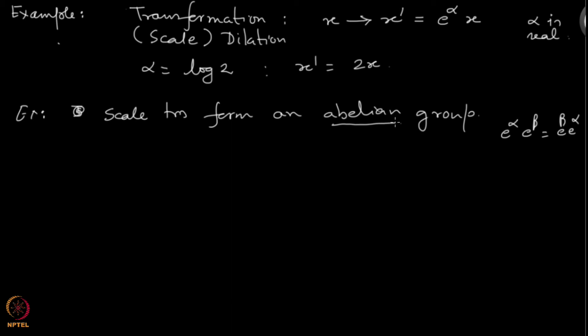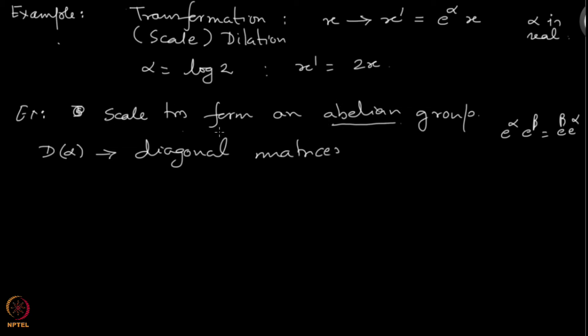Now, if I am writing down a representation of this group, then the matrices D, because they are parameterized by this parameter alpha, would be diagonal matrices. So it forms an abelian group, right?